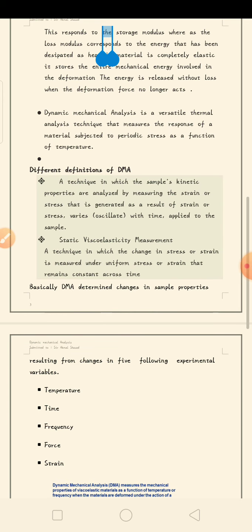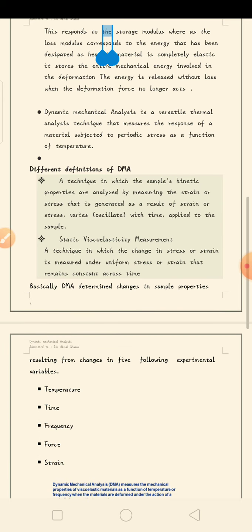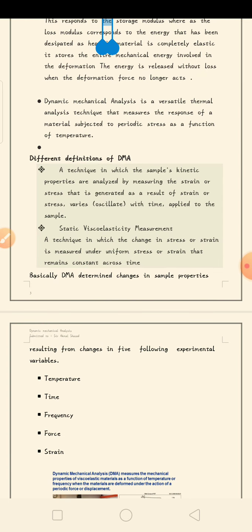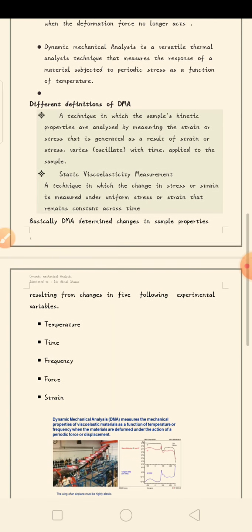Basically, dynamic mechanical analysis determines changes in sample properties resulting from changes in experimental variables.